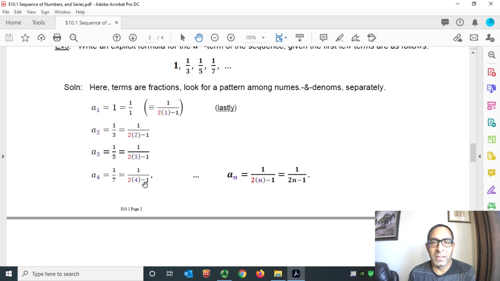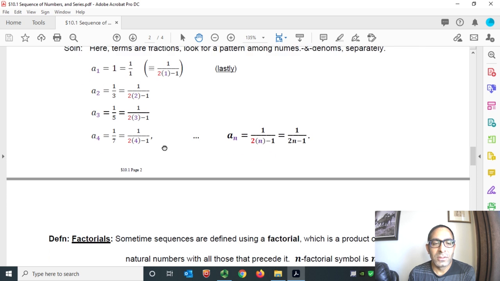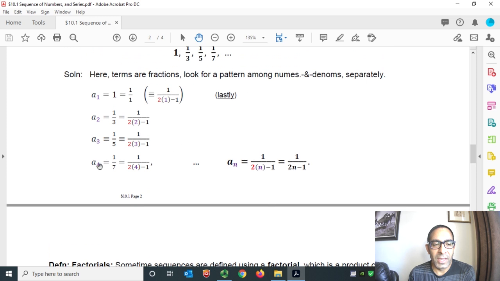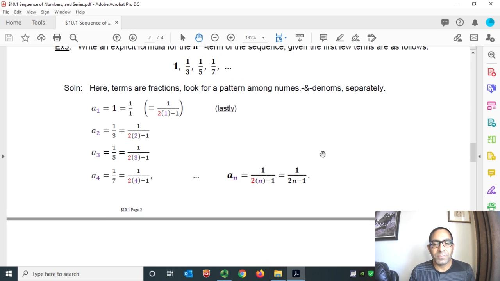So the 10th term is a10 equals 1/(2 times 10 minus 1). Which suffix goes here? The same number goes inside the parentheses. Similarly, for the formula of the nth term, a_n equals 1/(2 times n minus 1). Hence, we found the formula for the nth term, a_n equals 1/(2n minus 1). I hope this idea makes sense to you all.